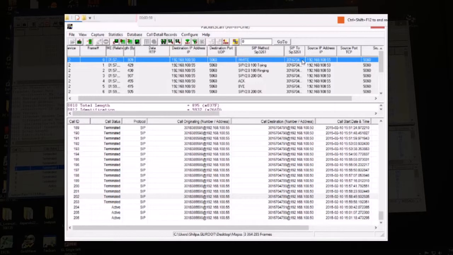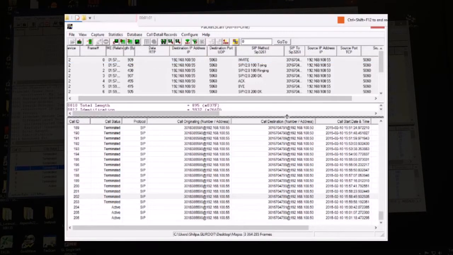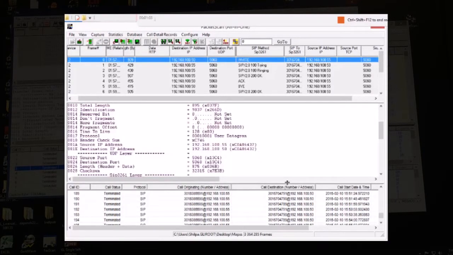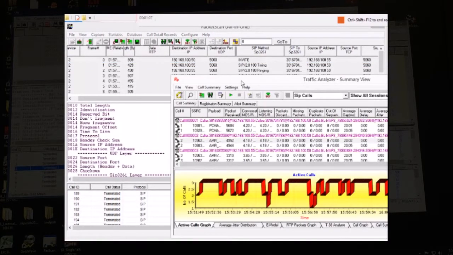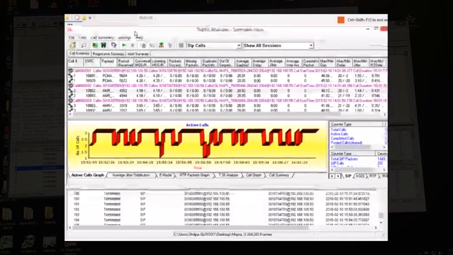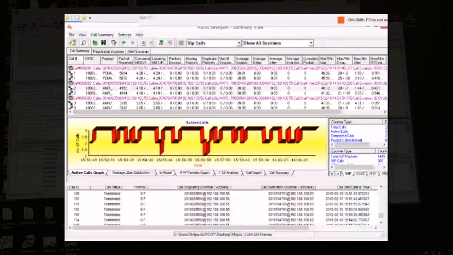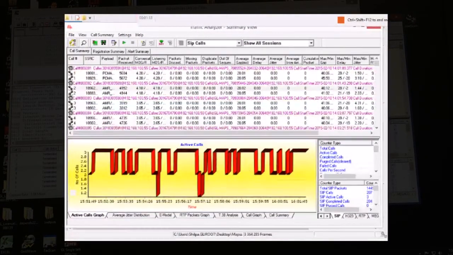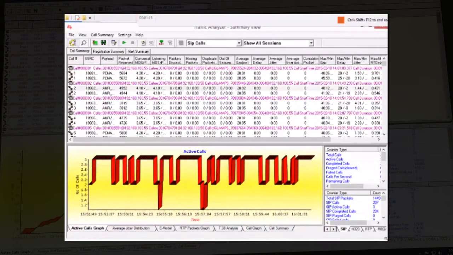The other aspect of PacketScan is the PDA. The PDA is actually going into the content of the packets, the RTP, and is going to display those contents and operate on those contents. Here this is the collection of all of the calls, showing that there are about 50 calls up and running.